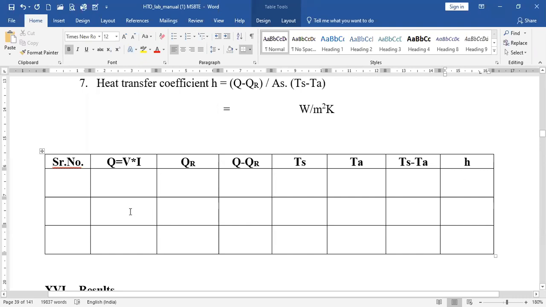So if you are going to change this voltage, then obviously these Q and other parameters are going to change, and on the basis of that, again, this heat transfer coefficient value can be changed, right? So in this way, we can calculate the heat transfer coefficient for the natural convection phenomena.